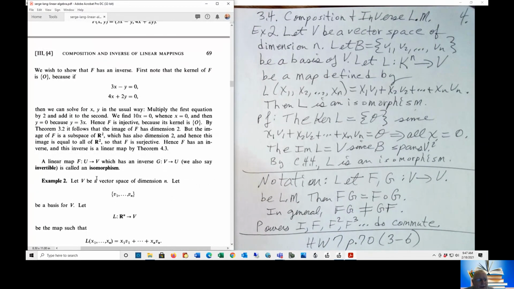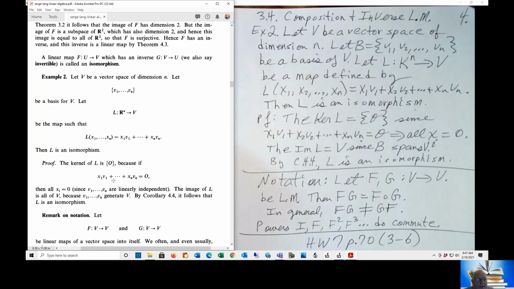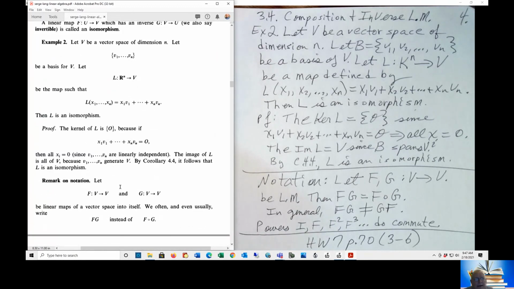And then look, if you will, at example 2 here. And this is very important because this is the converse direction to one we had last week, where we were looking at a linear mapping going from V into, I believe it was Kn at the time, and we established that there was a mapping from the basis of V to the coordinate vector in Kn.